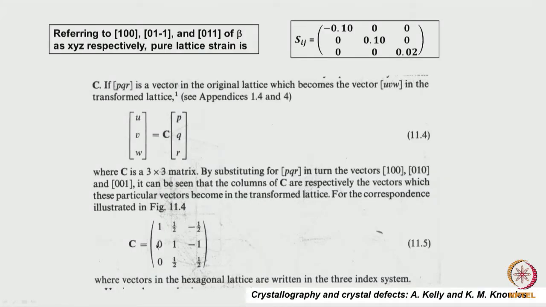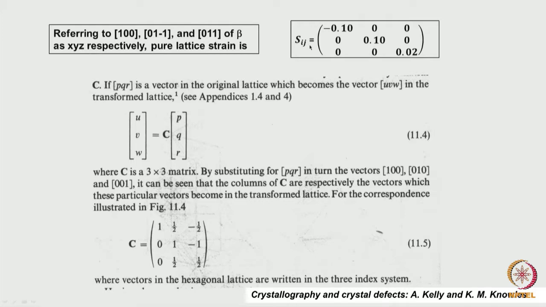Okay. And another point is that we have studied earlier that when we have given such strain and deformed from one lattice to another lattice, using the lattice correspondence we can find out the directions and planes corresponding to the same direction in each of the lattices. That is what essentially the matrix gives.